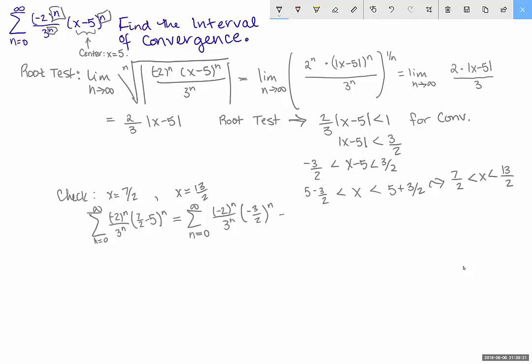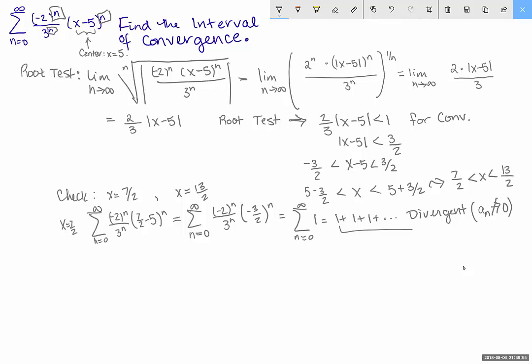And you can see that when you multiply that all through, we're actually talking about the sum of 1, adding 1 infinitely many times, which is divergent. You could prove it by the test for divergence, because you could say the nth term does not converge to 0 because the nth term is 1. But if you just write out that you can show that it's 1 added infinitely many times, I'm cool with you just saying that that means it's divergent. So this was the x equals 7 halves case.